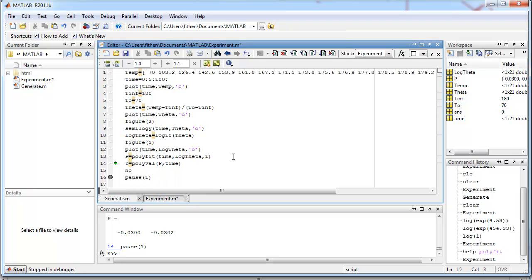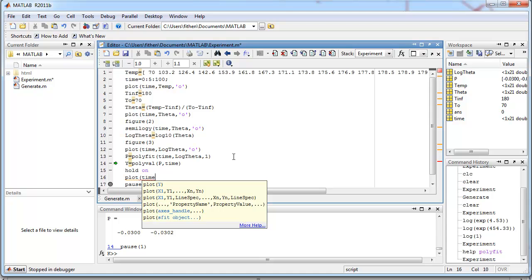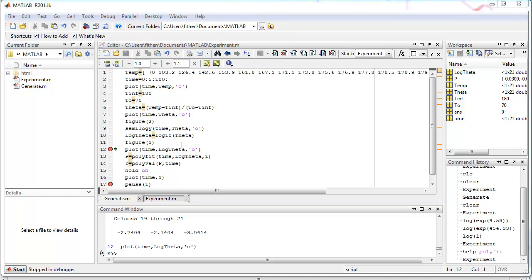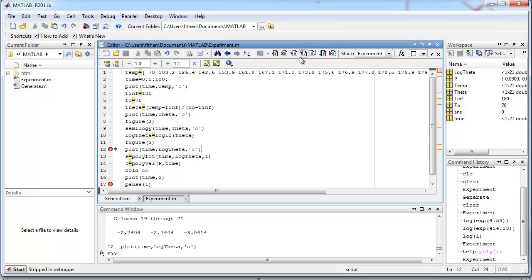And this time I'm going to do a hold on, and I'm going to do a plot of time, y. So let's save this and let's step through here. I'm going to use the step key.